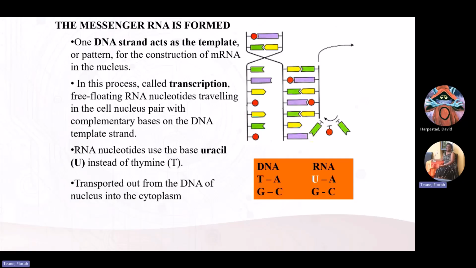And one strand of a DNA will act as a template. Look at this diagram here. This is strand number 1. This is strand number 2. The 2 strands are now separated because the hydrogen bond is broken. So one strand of a DNA molecule will serve as a template for the formation of messenger RNA.